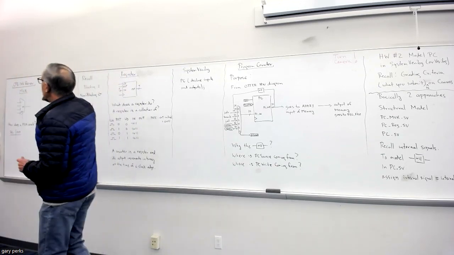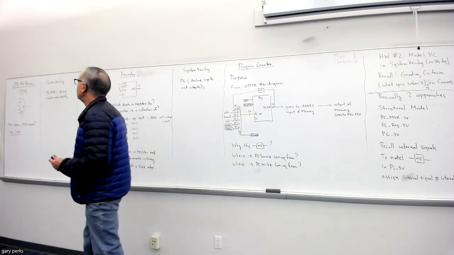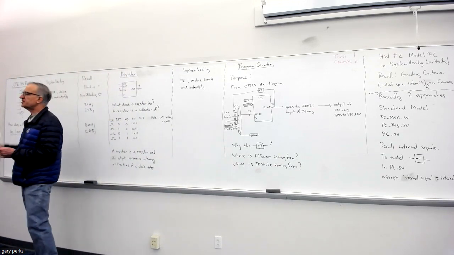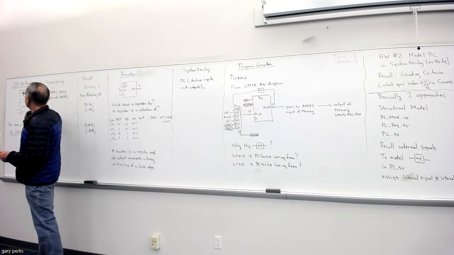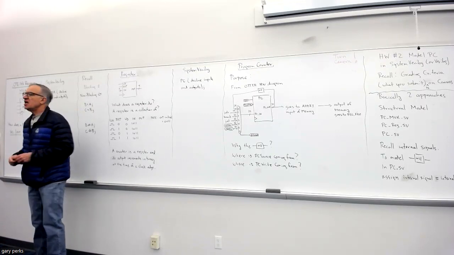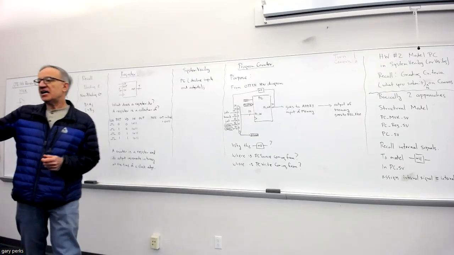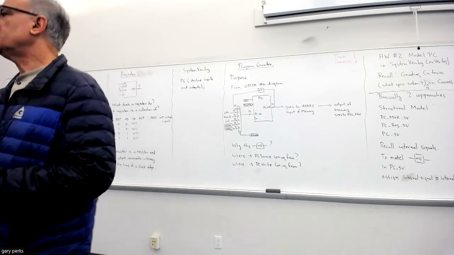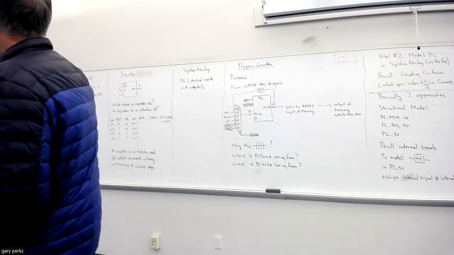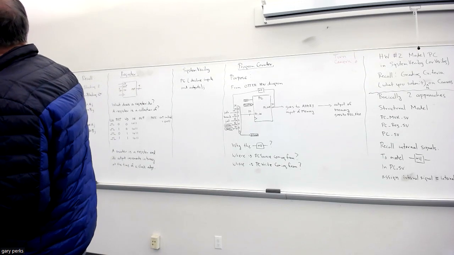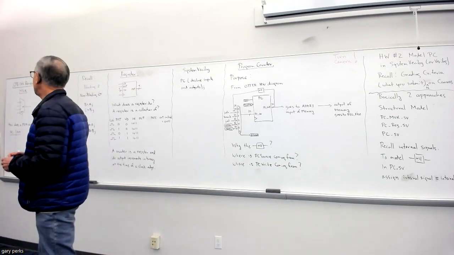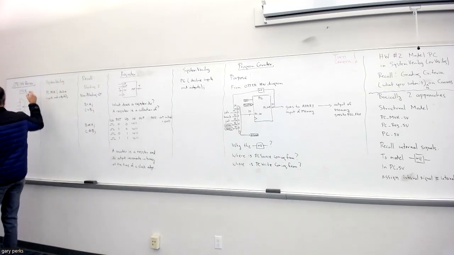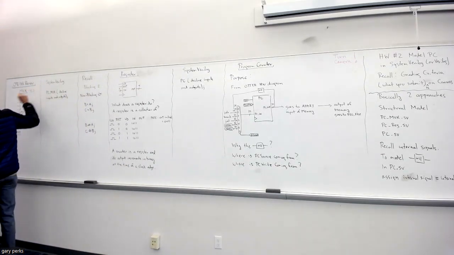So I want to start over here with the MUX. MUX is an acronym for multiplexer, and this is the symbol for the MUX. A MUX always has multiple inputs and only one output. What I'm showing on the board is an example of what's called a 4-to-1 MUX. There are 4 inputs and 1 output.